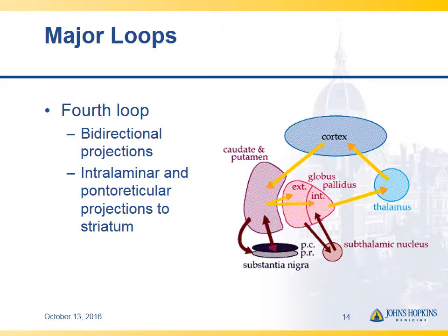And the fourth loop is another bidirectional loop, which includes intralaminar and pontoverticular projections to the striatum.